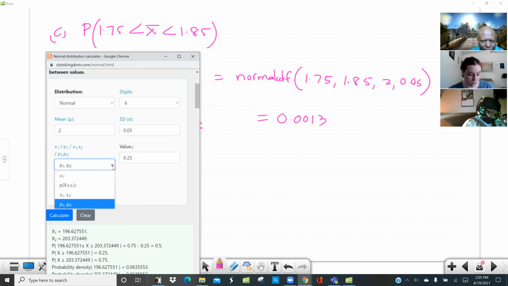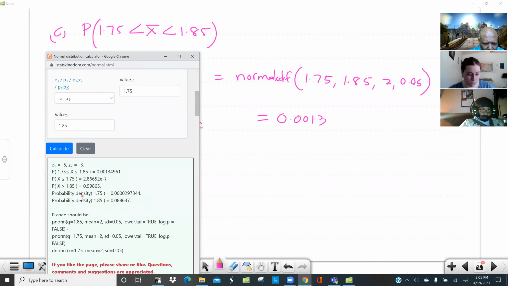You want to go between two values, so you go for x1, x2, 1.75, 1.85, 0.0013. That's the probability of having a sample with a mean between those two numbers.